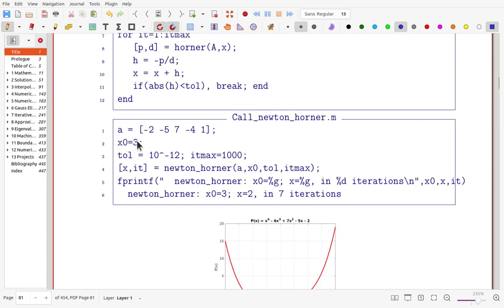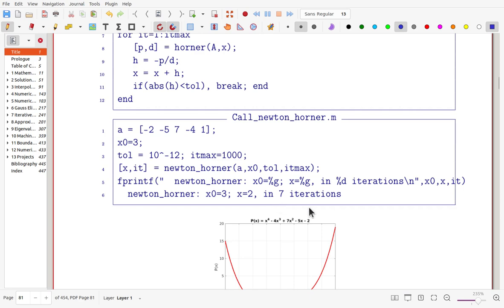Then here are the coefficients, the initial value, a tolerance of 10^-12, and a maximum of 1000 iterations. After calling NewtonHorner, we get the solution root and the number of iterations. The result: starting with 3, the final result is 2 in 7 iterations.